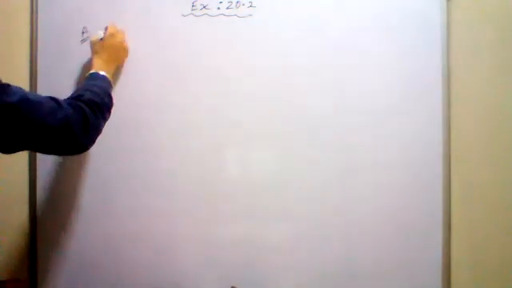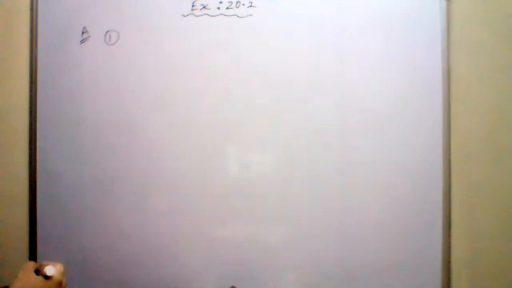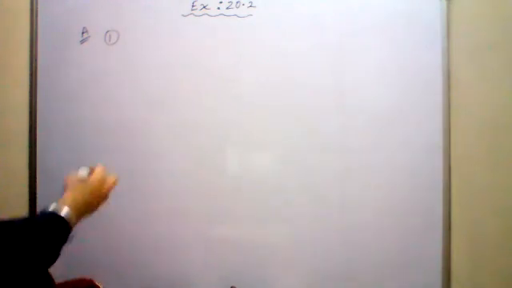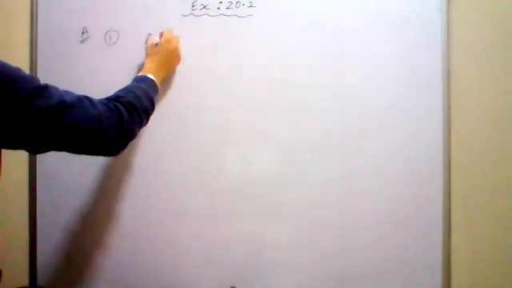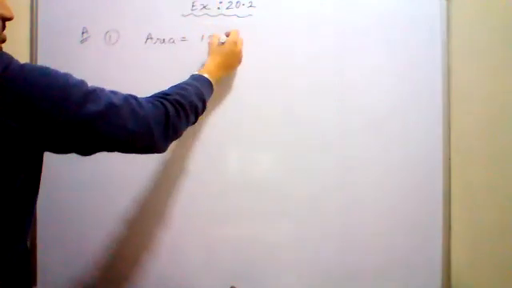Question A, first part. In this question, the area of a rectangle is given, length of the rectangle is given, and breadth is not given, which you have to find out. Area is given 15 centimeters square.